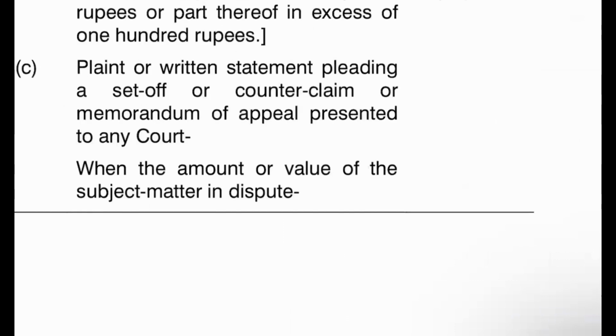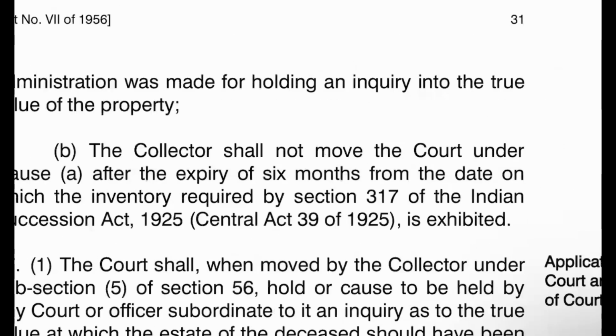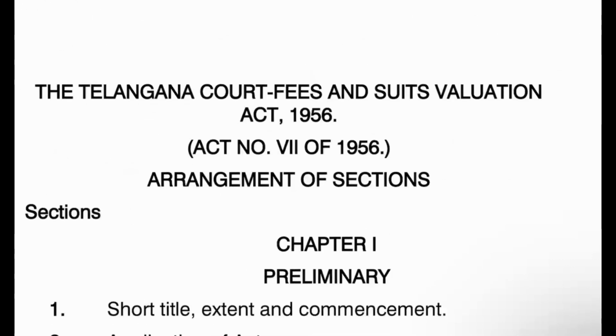So we have 2 acts. I will show that. Okay, we see the Telangana Court Fees and Suits Valuation Act 1956. Actually, it was the Andhra Pradesh Court Fees and Suits Valuation Act 1956. This was renamed through a government order, GO.